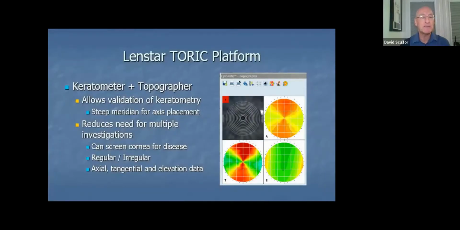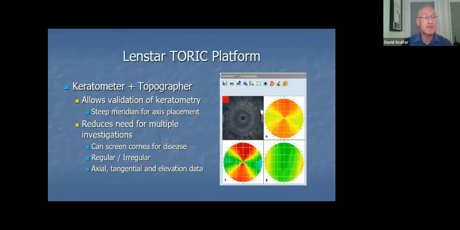So that Lenstar toric platform, together with the T-cone, allows you to validate your keratometry. Warren Hill, the well-known Warren Hill, places his axis according to the steep meridian captured on keratometry, and he uses keratometry to work out the amount of astigmatism.